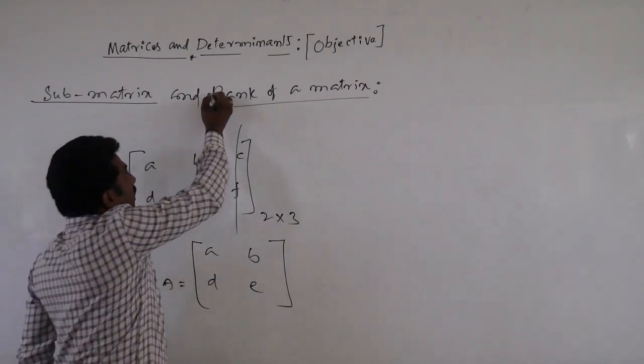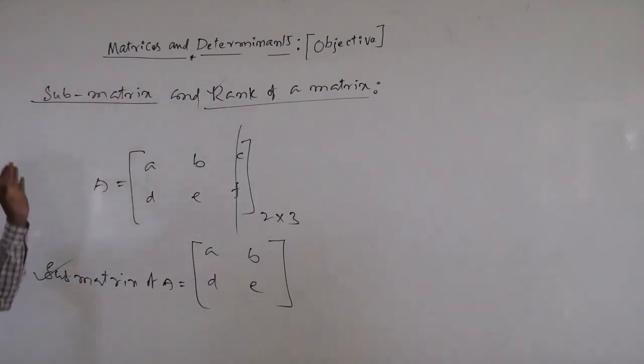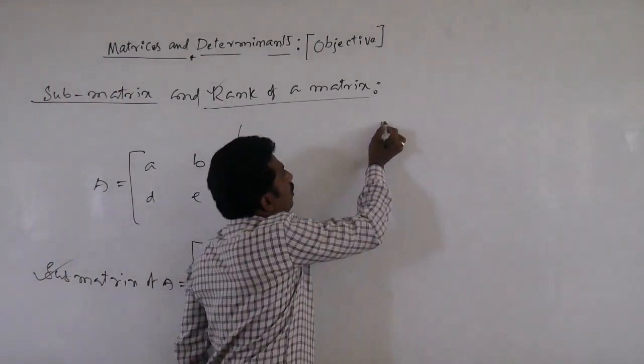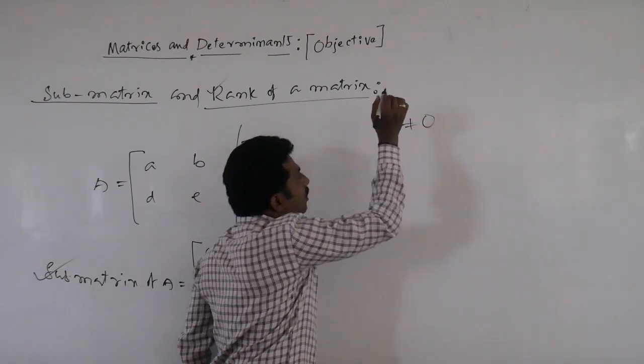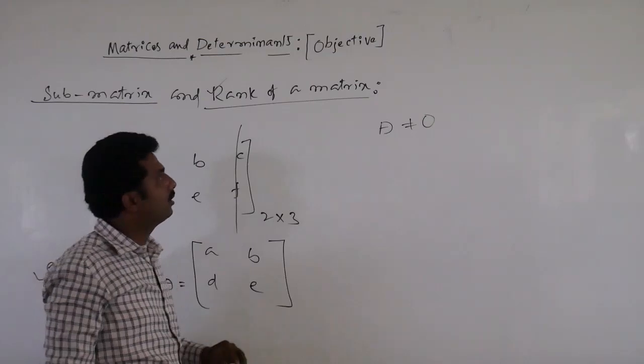Next, what is the rank of the matrix? How to define it, observe. Suppose A is a non-zero matrix.